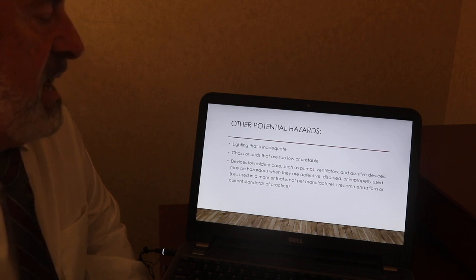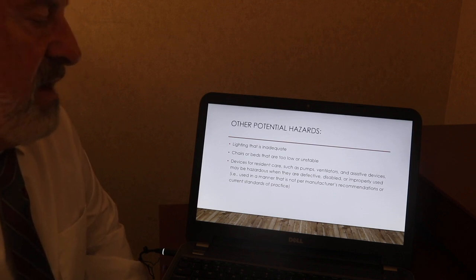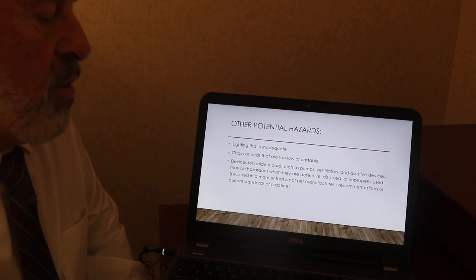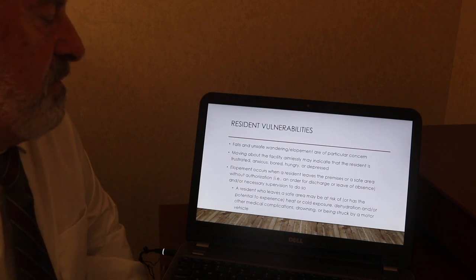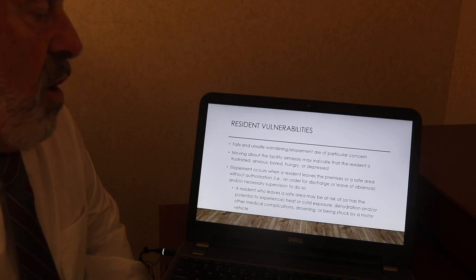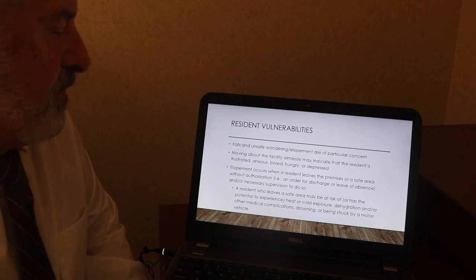Devices for resident care, such as pumps, ventilators, and assistive devices, may be hazardous when they are defective, disabled, or improperly used in a manner that is not per manufacturer's recommendations or current standards of practice. Other vulnerabilities, falls and unsafe wandering and elopement, are of particular concern.